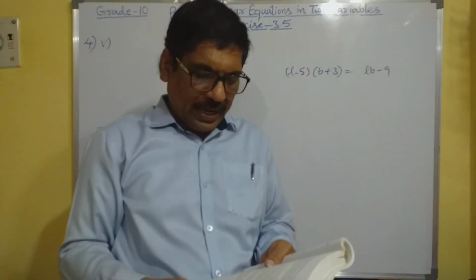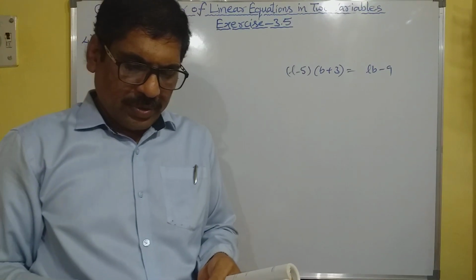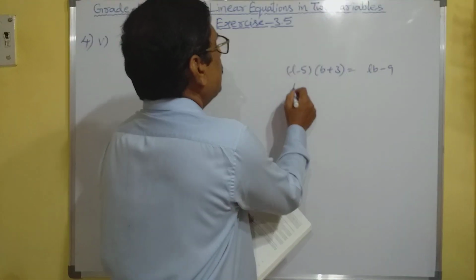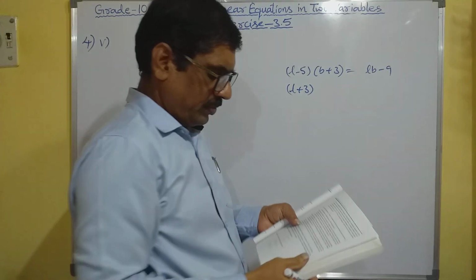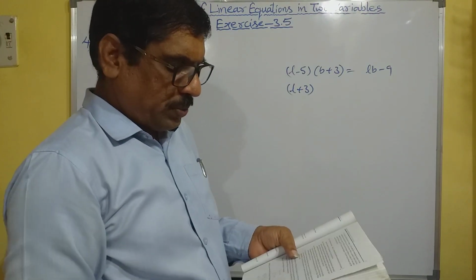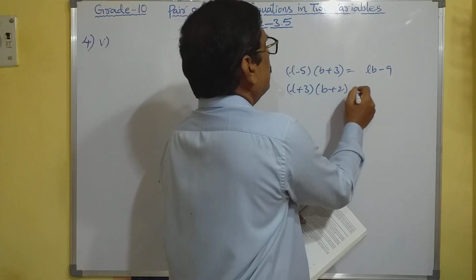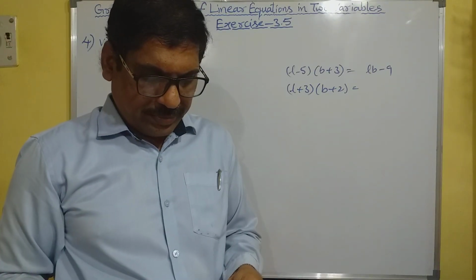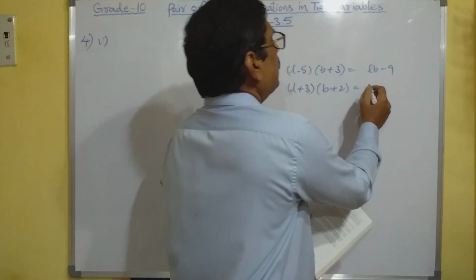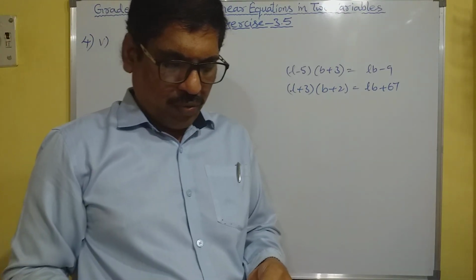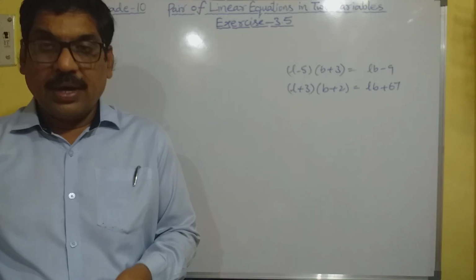In the second case, if we increase the length by 3 units and breadth by 2 units, both are increasing, then the area increases by 67 square units. Find the dimensions of the rectangle.